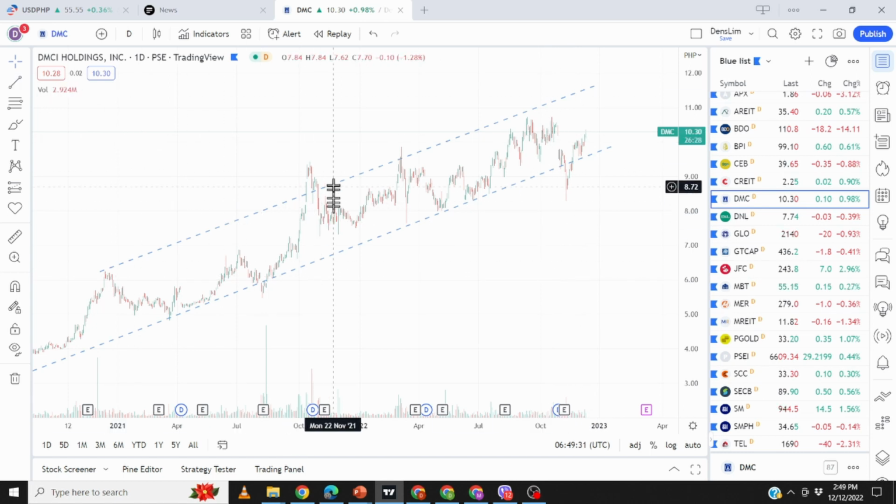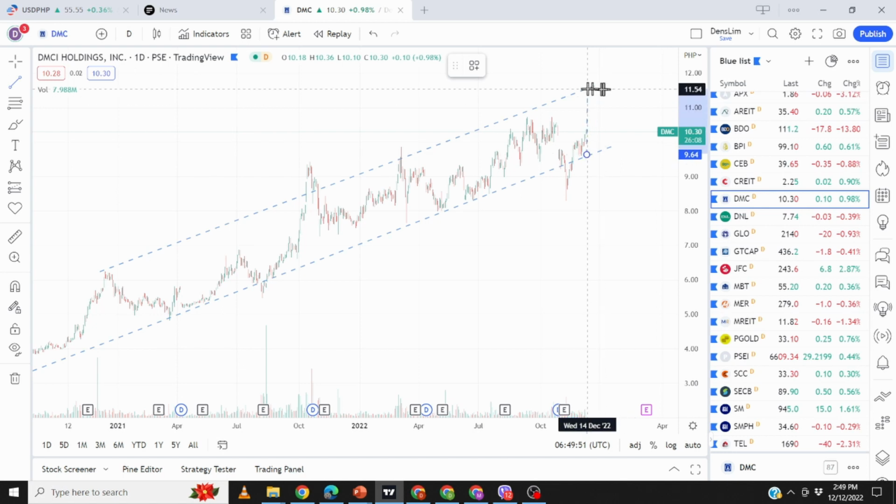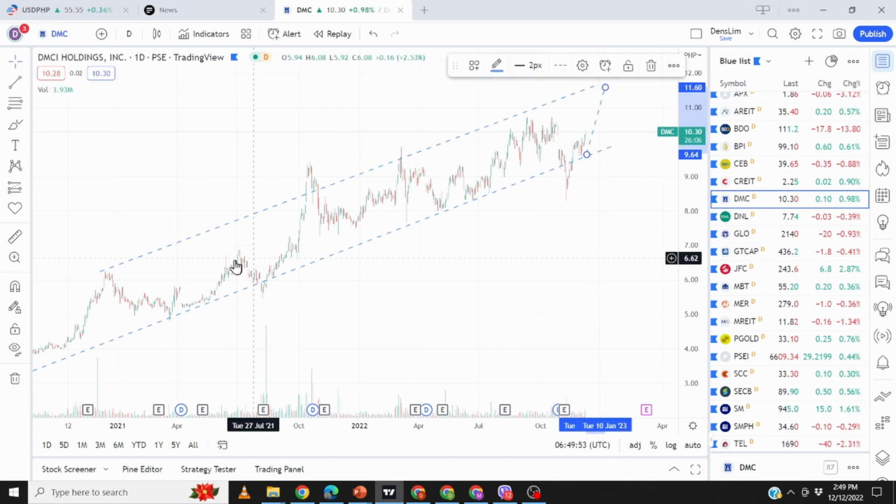Every time price touches this upper band, you can top slice a bit just to lock in some profits, and every time it touches support, you can buy more. And is there reason to believe that this is going up again? Yes, because it has been acting that way for the most part of 2 years.